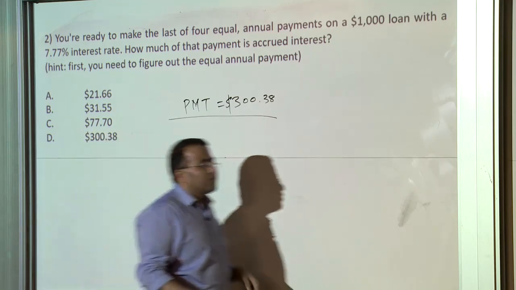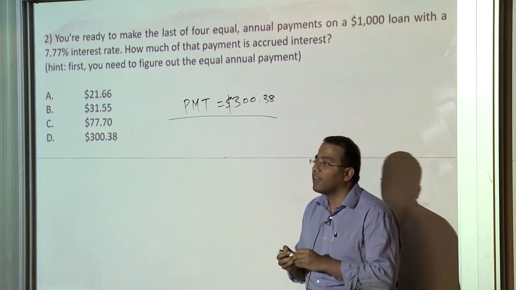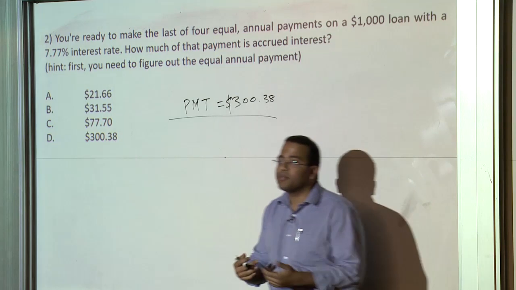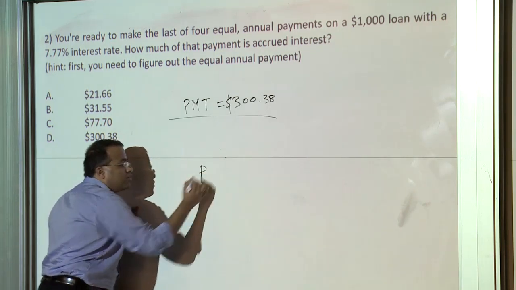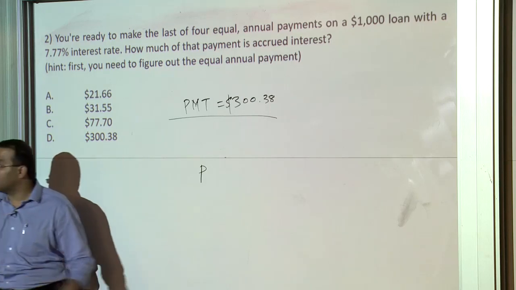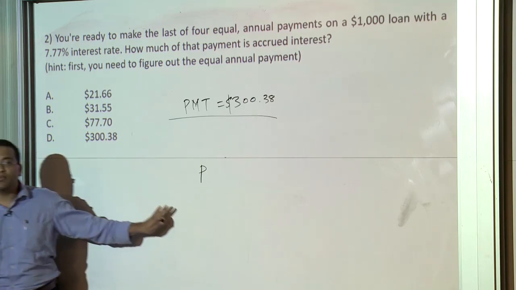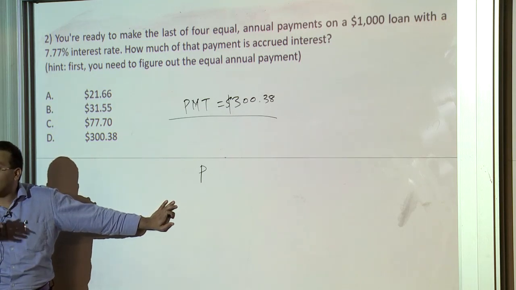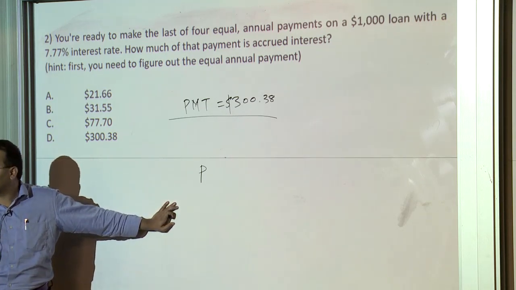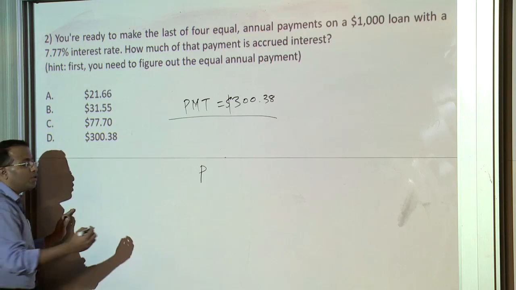Okay. So now think about what's happening in this question. In the last payment, okay, let's assume that you still owe the bank an amount of P dollars. Okay, it's an unknown amount. I don't know how much I owe the bank. Let's assume that for the last year, okay, at the end of the 3rd year and the beginning of the 4th year, the amount that I owe to the bank.